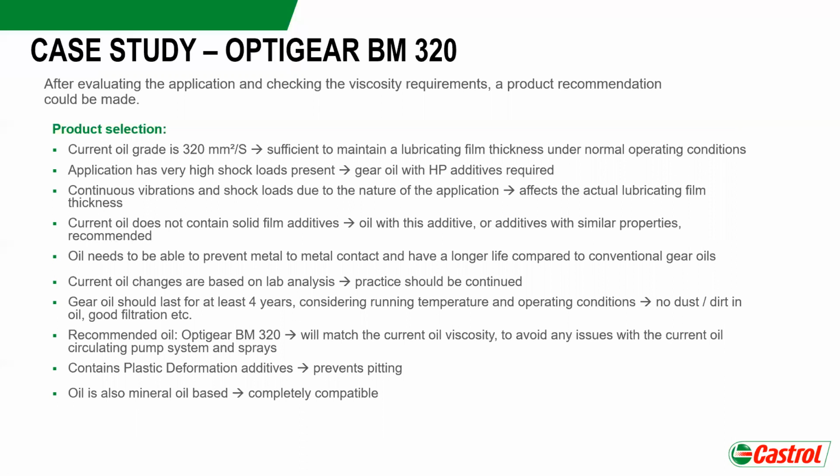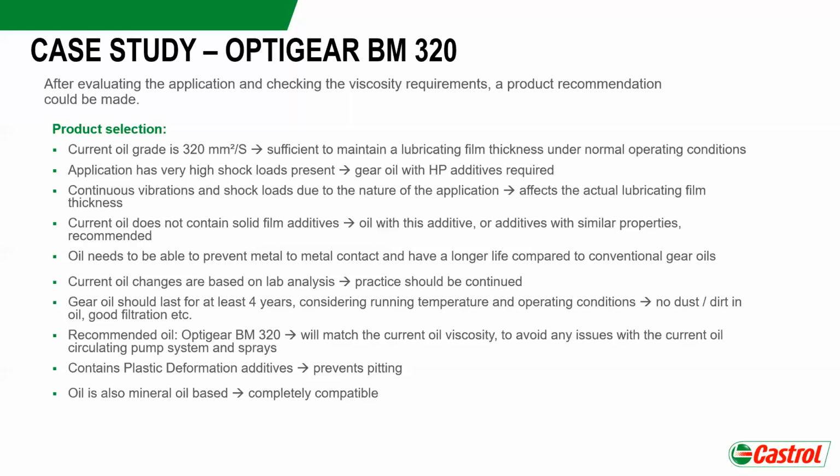Now, a good gear oil should last for at least 4 years, really. We've seen through what's known as the Arrhenius equation the effect of each 10-degree rise above 60 degrees centigrade on the oil life: the oil life will halve above 60 degrees if it's a mineral oil. So the application was pretty much at ambient temperature, so there's no need, in this case, to choose a synthetic base.